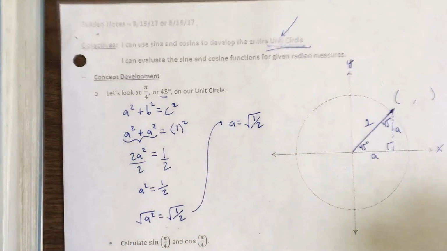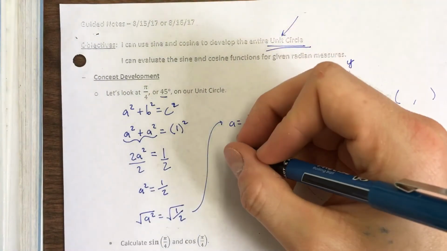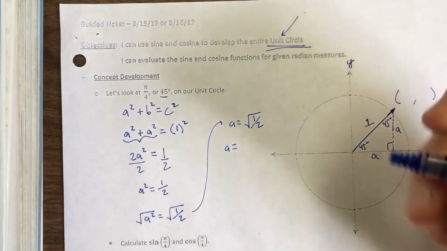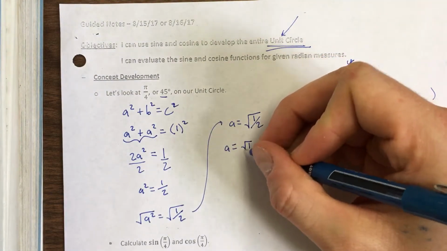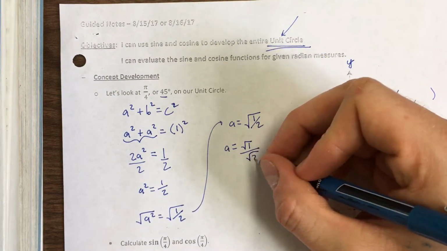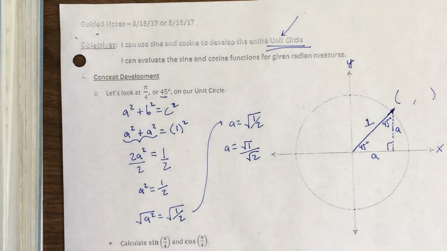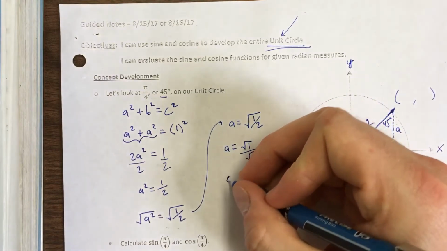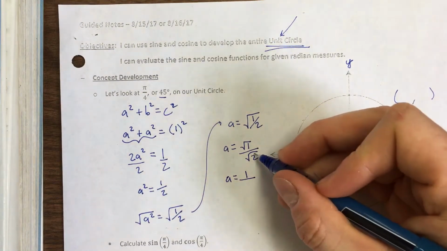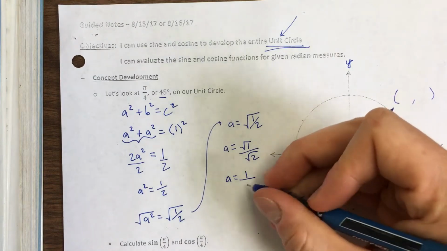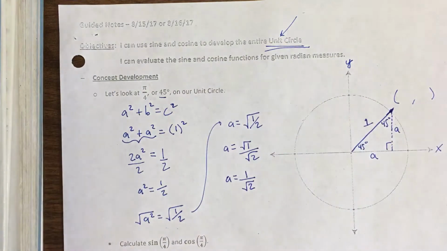But we don't want to leave it like that. If we have the square root of a fraction, we can take the square root of the numerator over the square root of the denominator. Square root of 1 is 1. The square root of 2 does not come out as a whole number, so we'll leave it as the square root of 2.